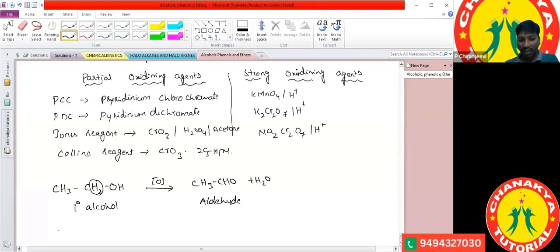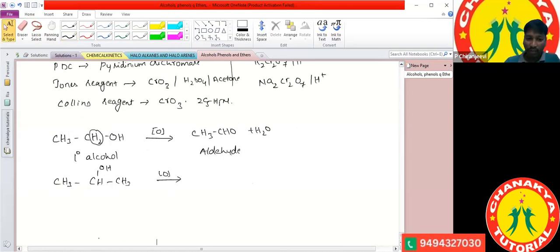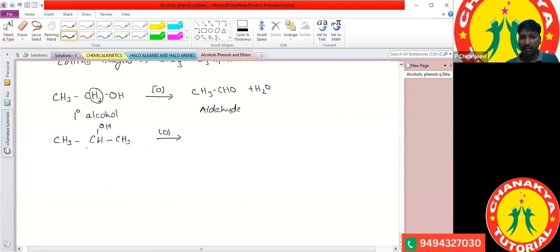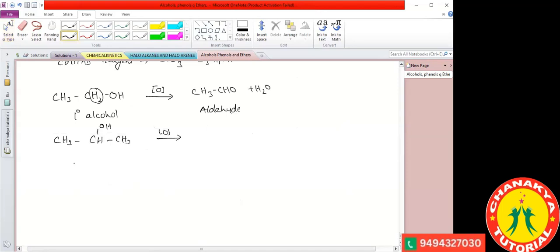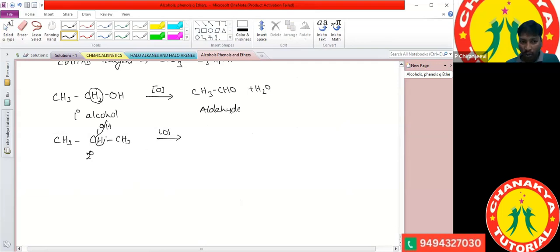For example, if you had taken a secondary alcohol, CH3-CH(OH)-CH3, is the given alcohol primary, secondary or tertiary? Secondary. If it is a secondary alcohol, here also we are removing the hydrogen.